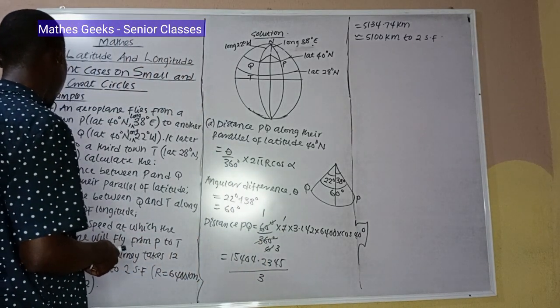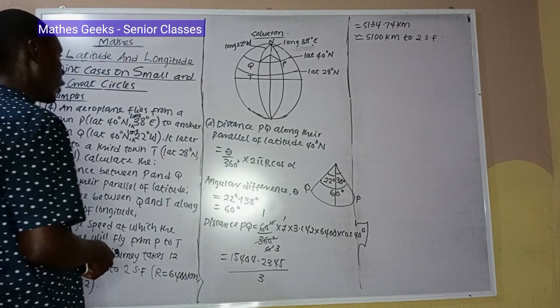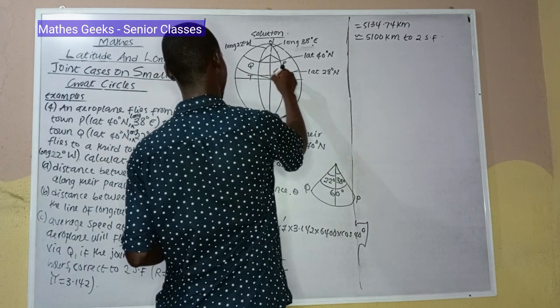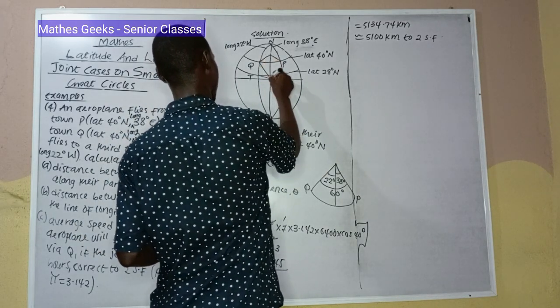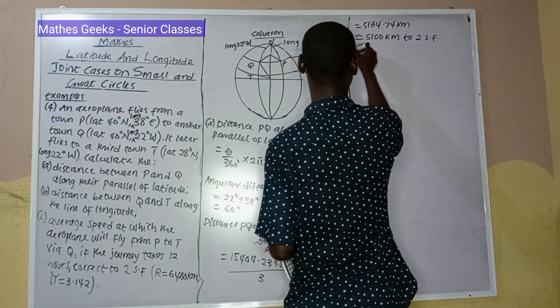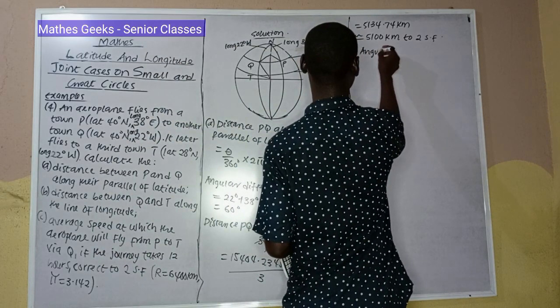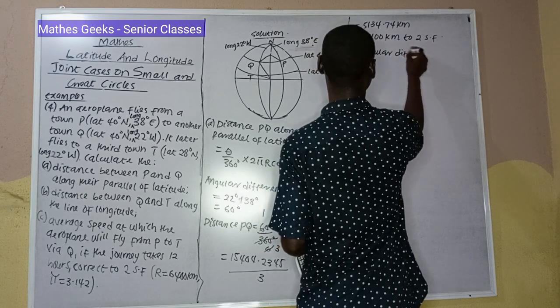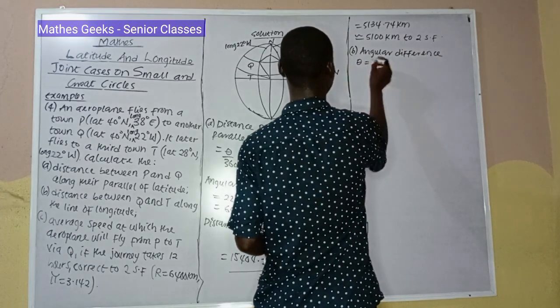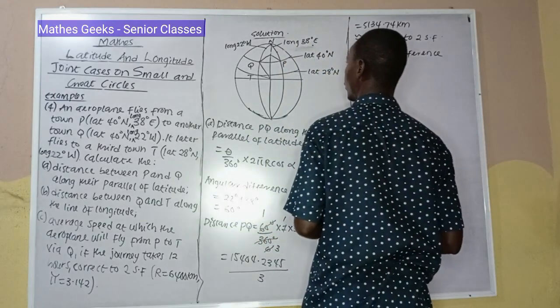So B says distance between Q and T along the line of longitude. Since it's a great circle route, they are on the same line of longitude. So B, the angular difference theta is equal to QT.